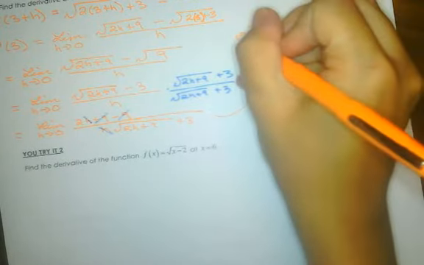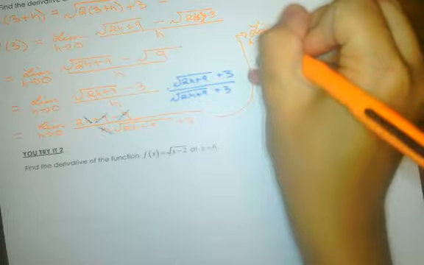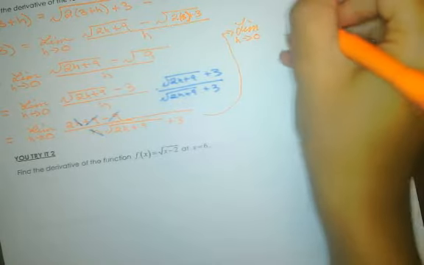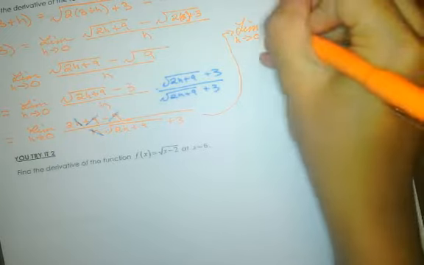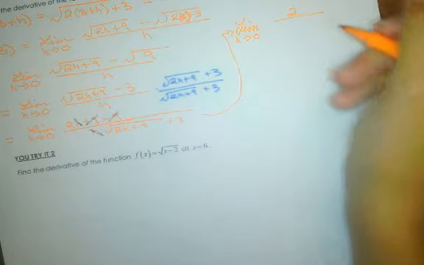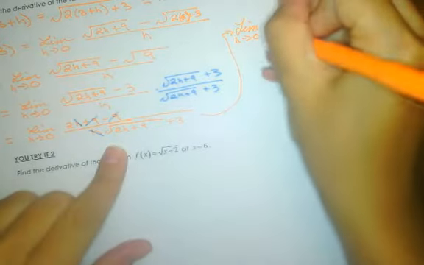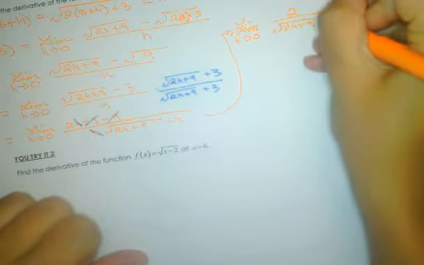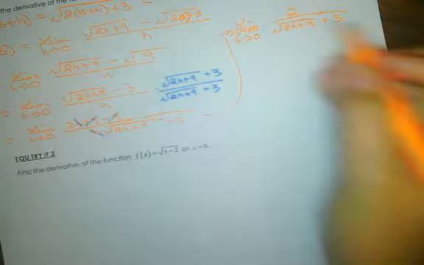So I've got the limit as h approaches 0, and basically what I'm left with is a 2 over the square root of 2h plus 9, and then a plus 3 on the outside.